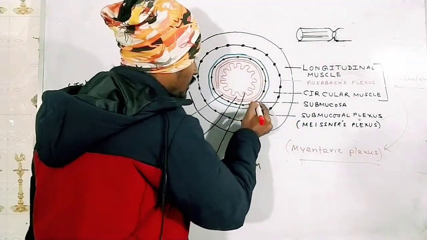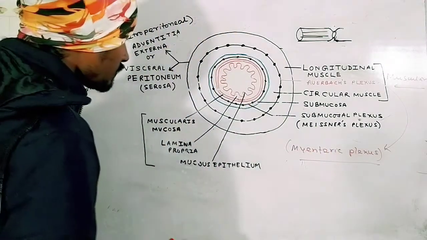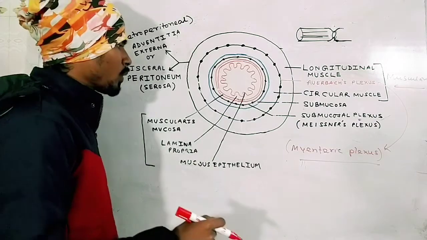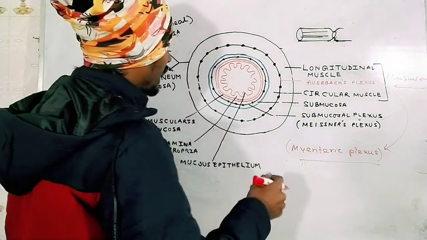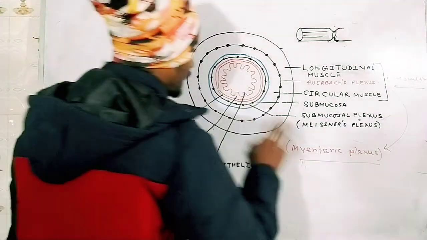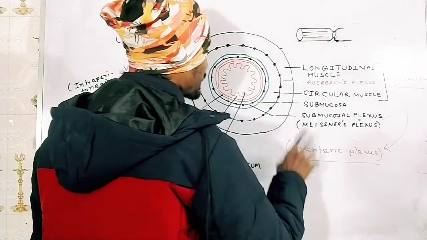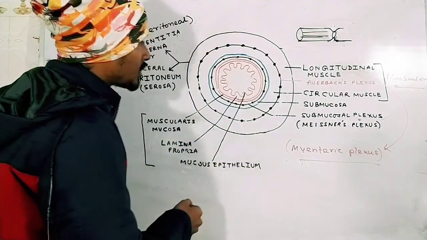In the submucosa we have again nerve fibers, the sympathetic nerve fibers, along with glands. Okay. And this submucosal plexus is called Meissner's plexus, which controls the secretion of the intestinal juice.